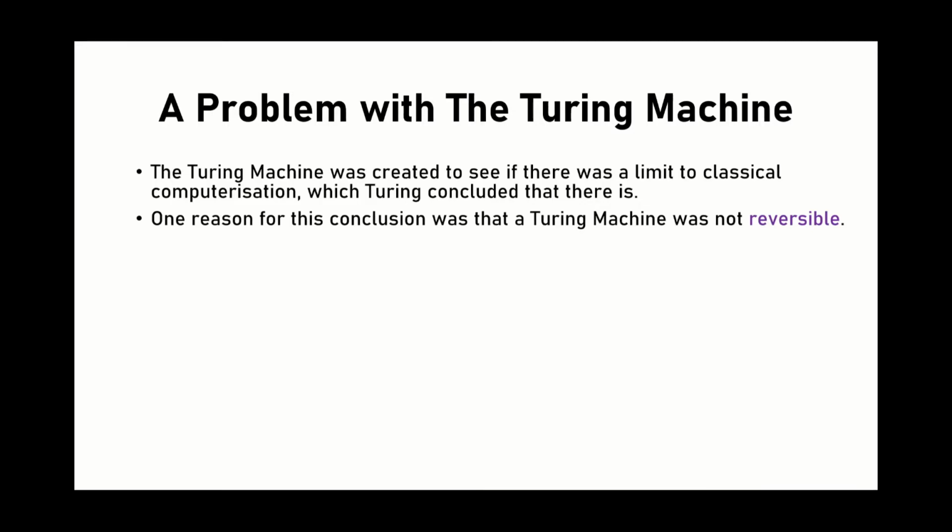Now, what I mean by reversibility here can be summed up with an example. Let's say we give two numbers to a computer and we tell it to add those numbers. Well, it's quite easy for a computer to do this. We add 7 and 3 in this example to make 10.